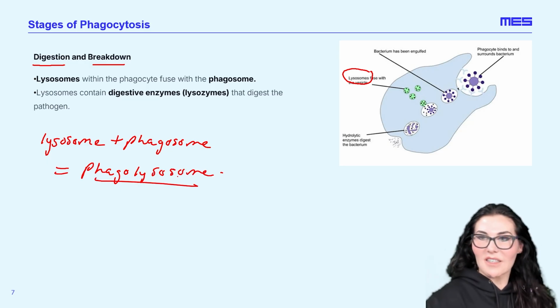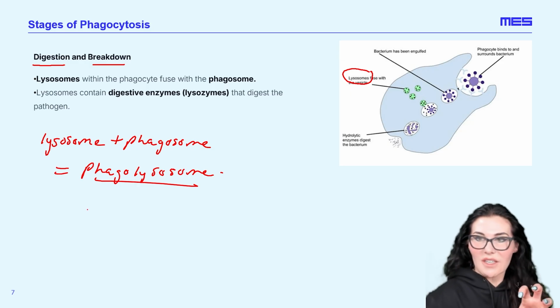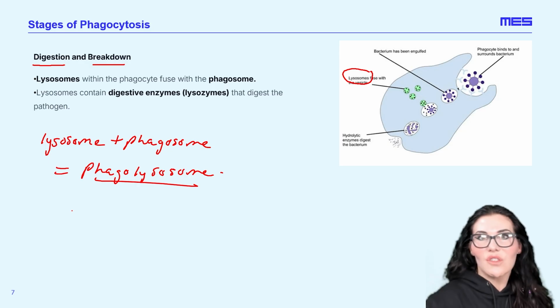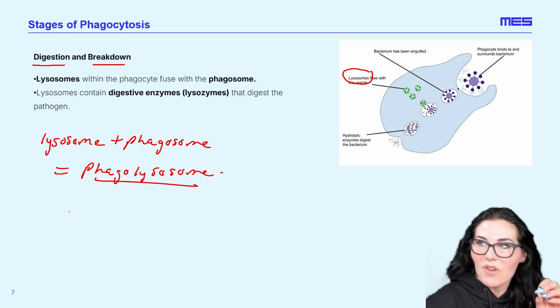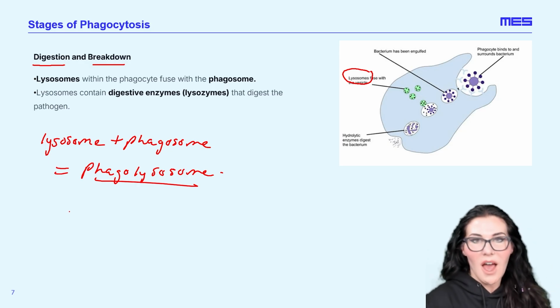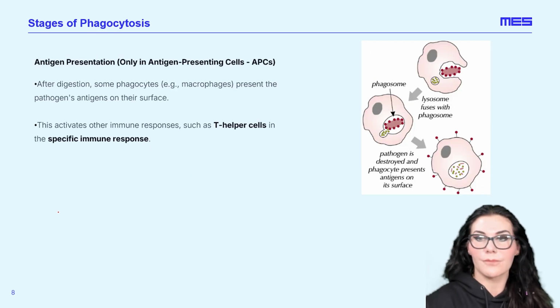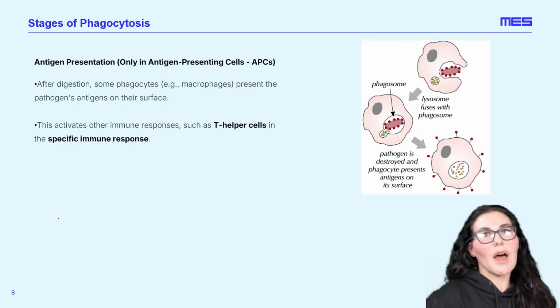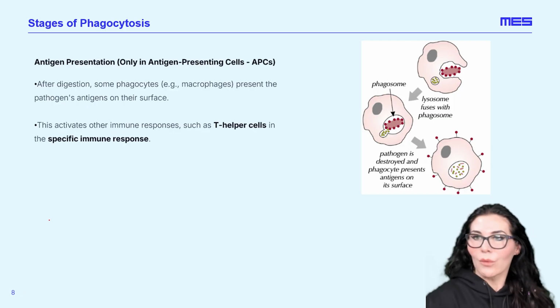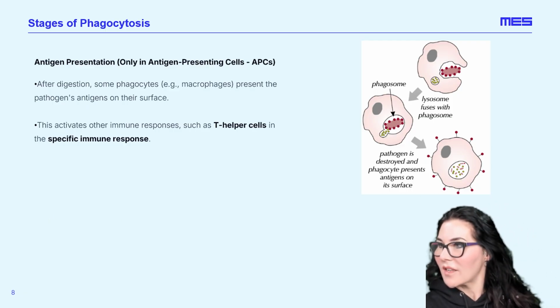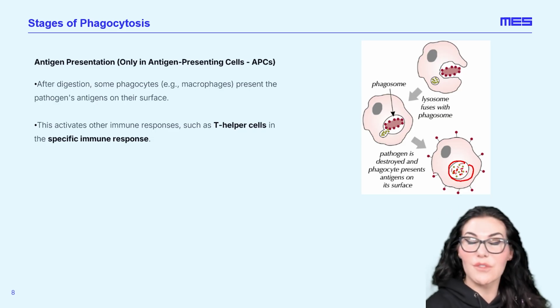So basically it's these two merged vesicles together, but in doing that merging, it means that the enzymes in the lysosome can then be released into the phagosome and start to digest the pathogen or break it down. Once the pathogen has been broken down, and you can see in my diagram here that inside this phagosome, you've got all this broken down debris of what's left of the pathogen.